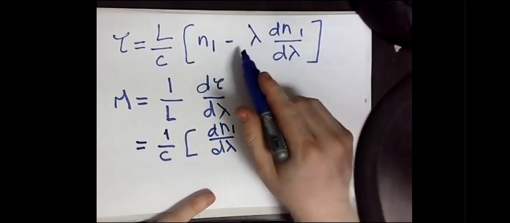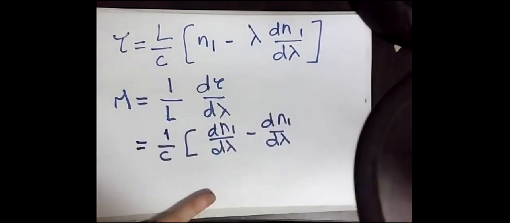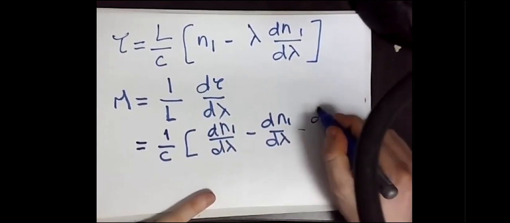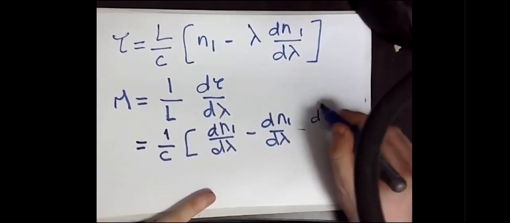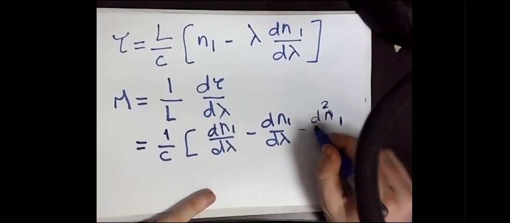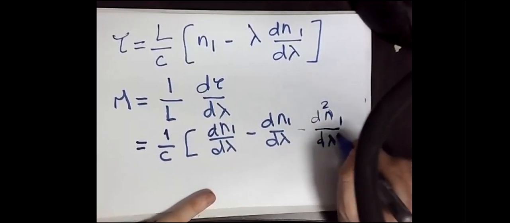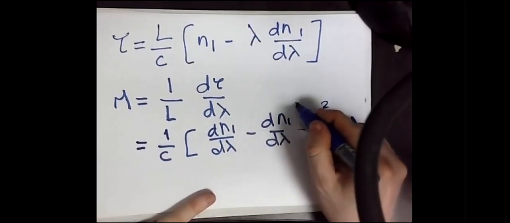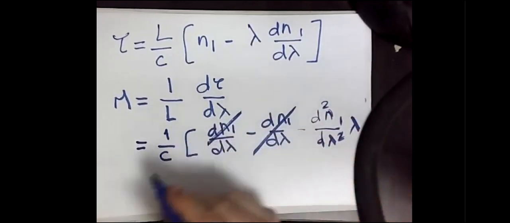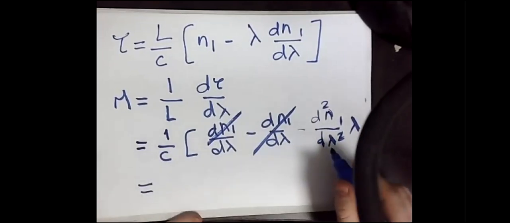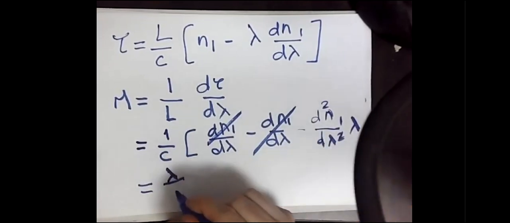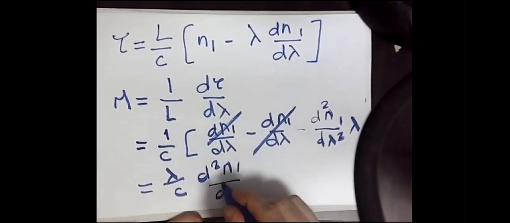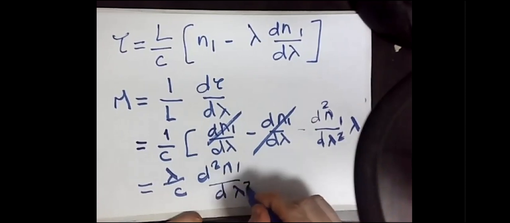Then we have the second differentiation, which is again minus, sorry, minus lambda times the second derivative, d squared n1 by d lambda squared. And here we still have the lambda, which is the second. So this term is cancelled with this term, and then we have the term lambda over c times the second derivative of n with respect to lambda.